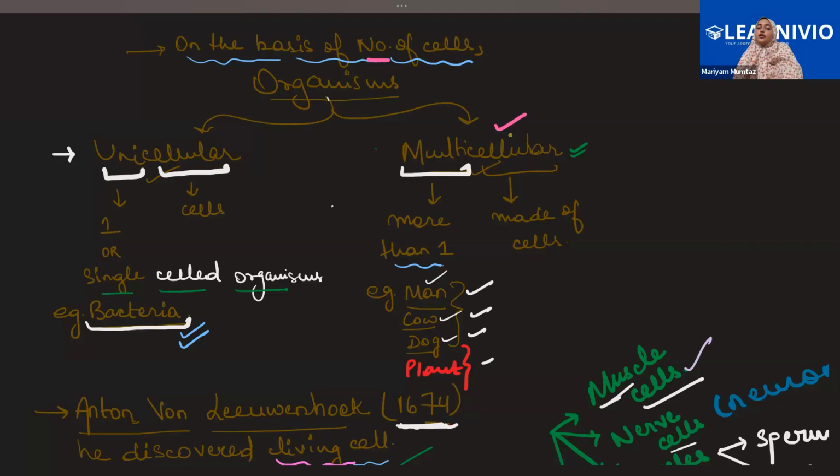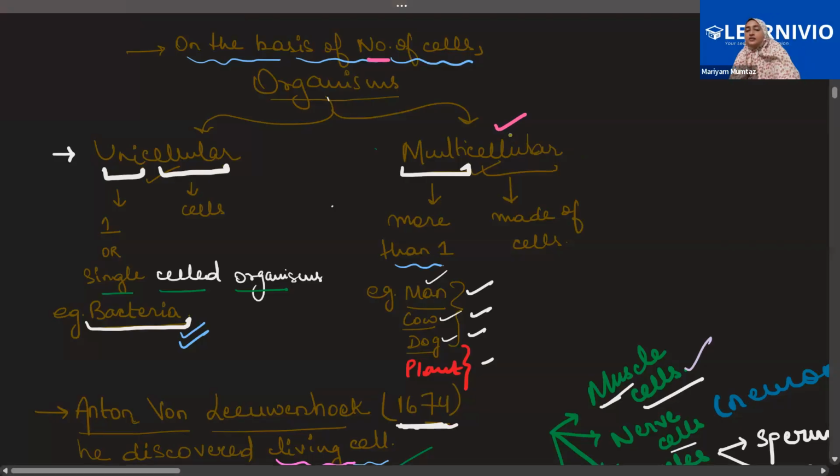Now, the best group of organisms to represent the unicellular group is bacteria. The majority of bacteria are unicellular. Uni means one, and cellular means made up of cells. Whereas in the case of multicellular, multi means more than one or multiple, and cellular again means made up of cells.